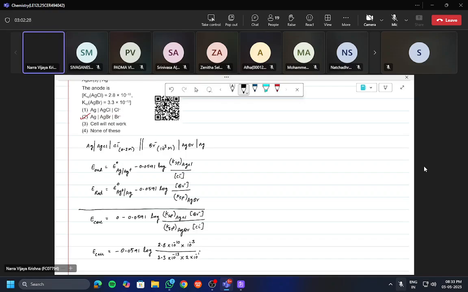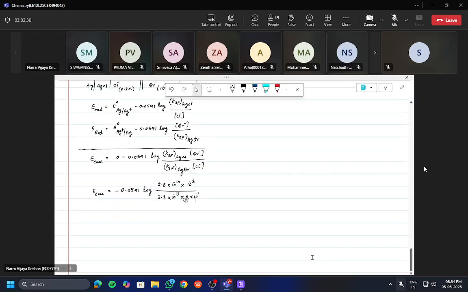So this is equal to minus 0.0591 log, 10 power minus 13 gone. 10 power minus 1 goes to numerator, 28. So 28 divided by 6.6. Correct, sir?